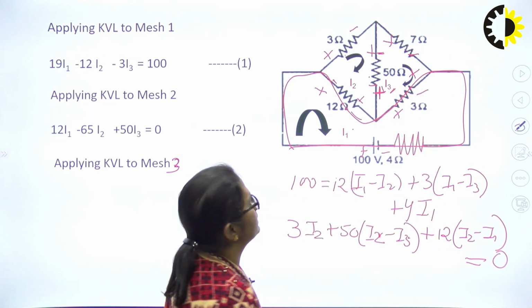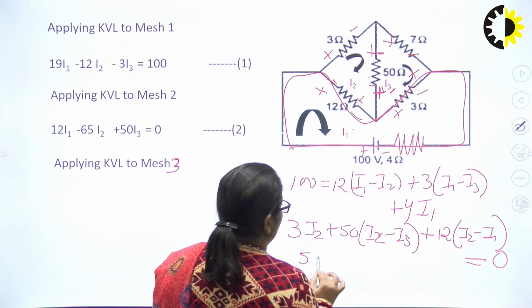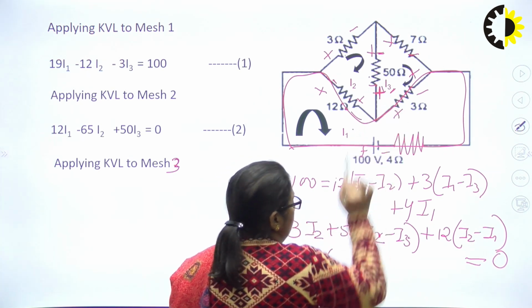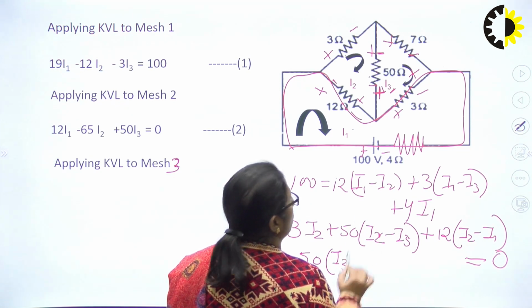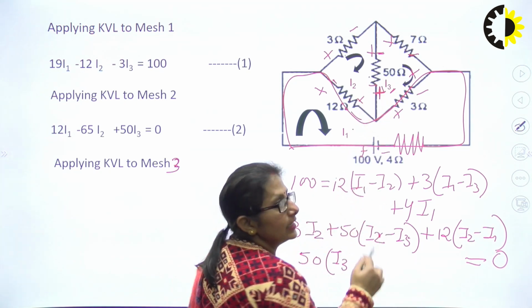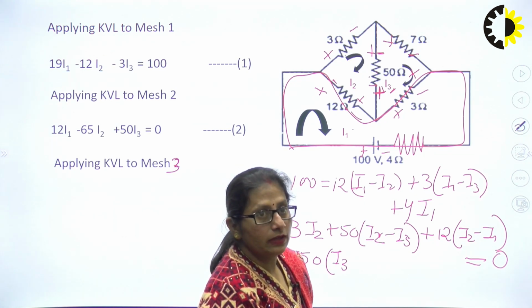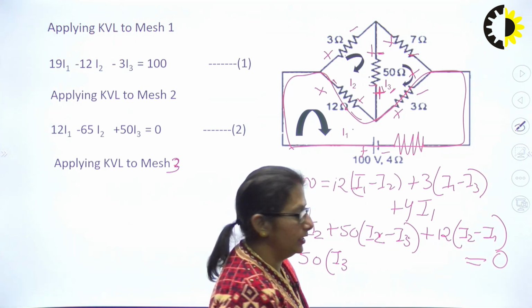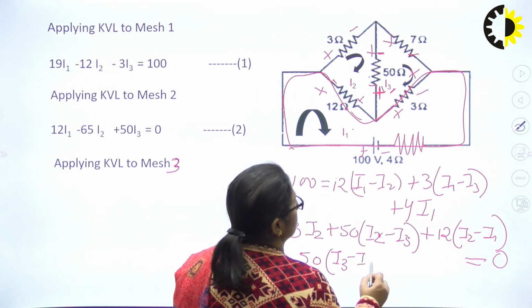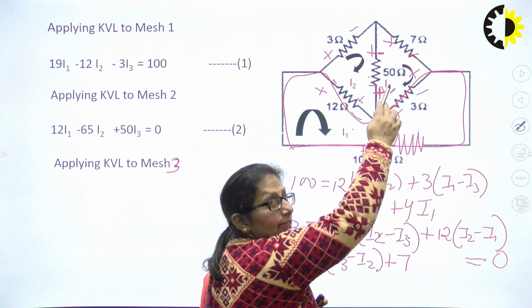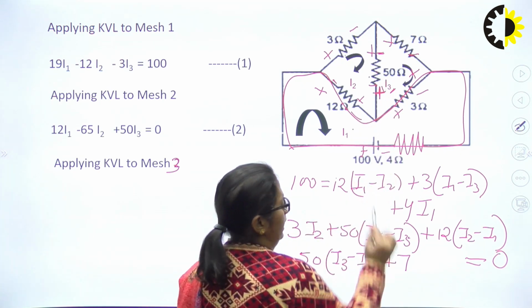Once again 50, all these are drops. The current is now I3 is greater, do remember. So, I am writing I3 because the drops I have assigned are according to the direction of I3. So, I have to keep I3 to be greater. So, I will be keeping it as I3 minus I2 plus 7. What is the current in 7 ohms? The current in 7 ohms is only I3.